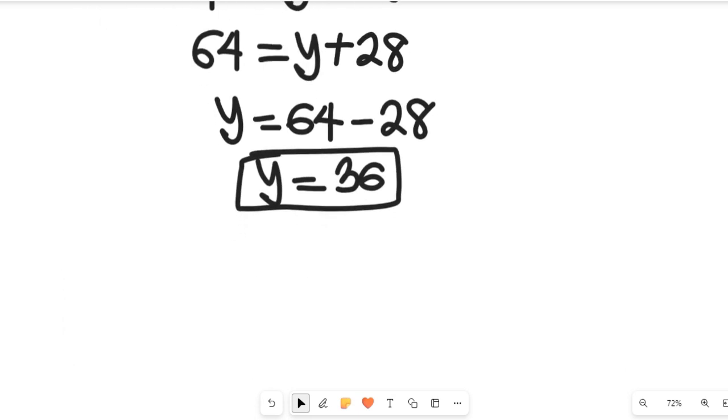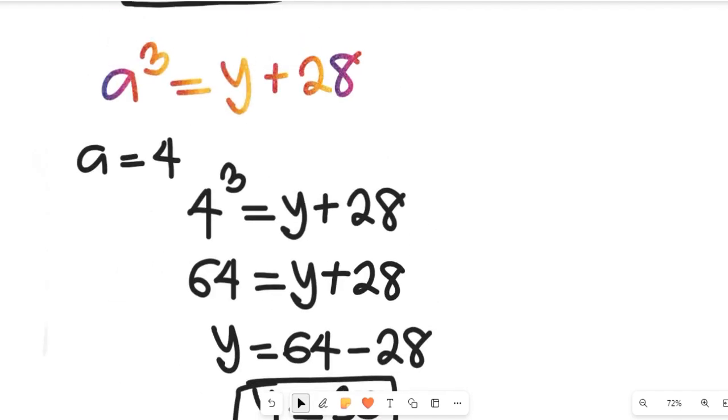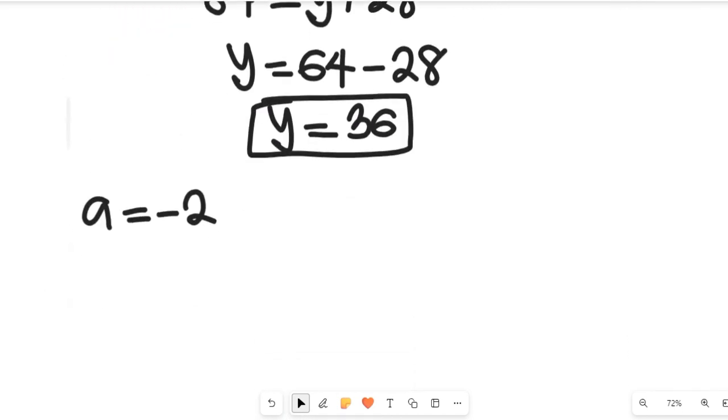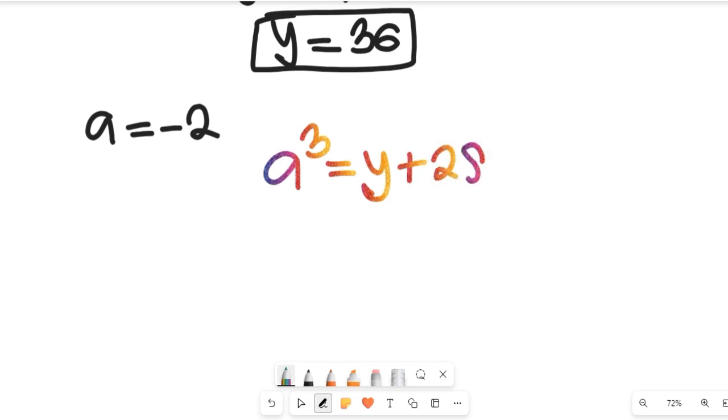Now when a is equal to negative 2, from the other expression, the value of a to the power of 3 equal to y plus 28 will be what? We have negative 2 to the power of 3, and this will be equal to y plus 28.